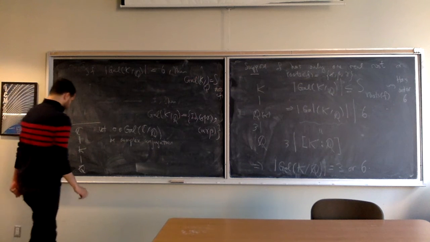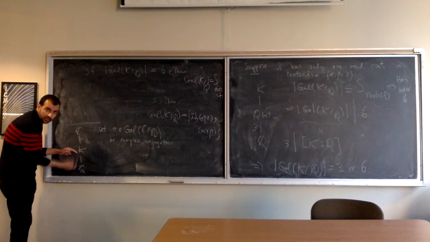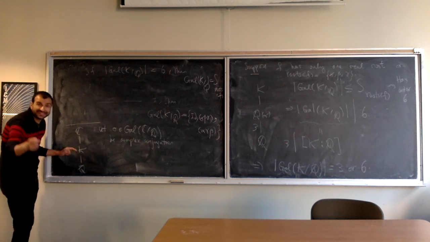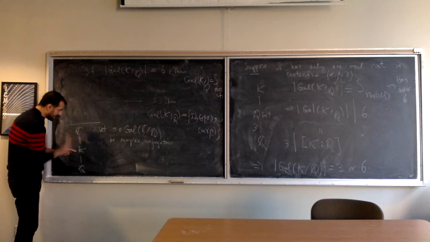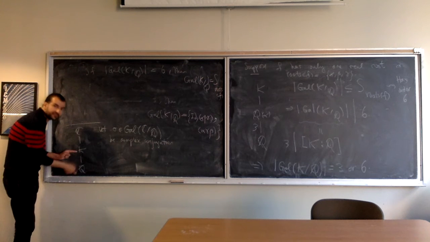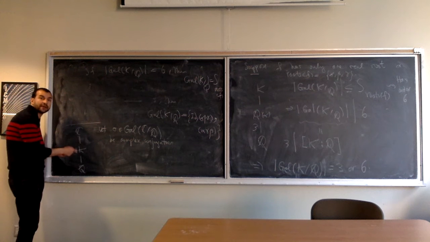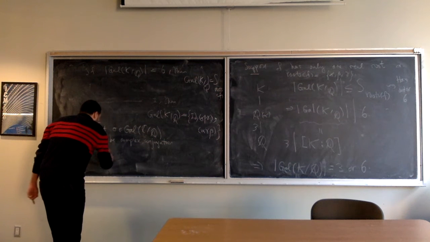Then, okay, so because K is a splitting field over Q, I'm now using the result that we proved: any automorphism of C over Q, because K is a splitting field over Q, restricts to an automorphism of K. K is a splitting field.